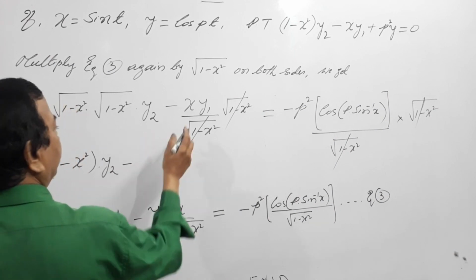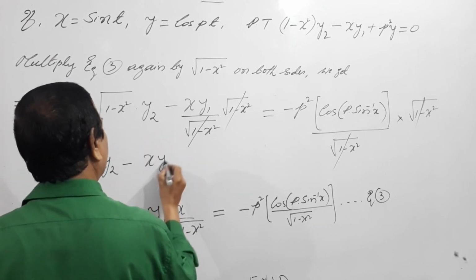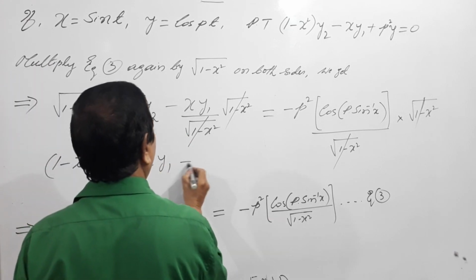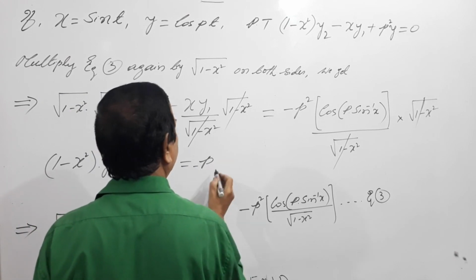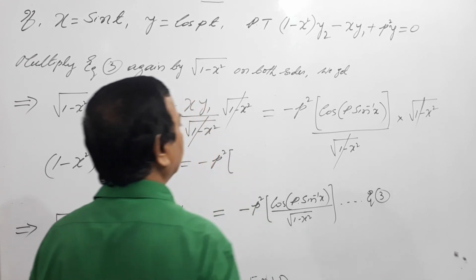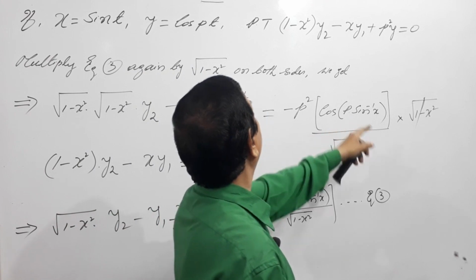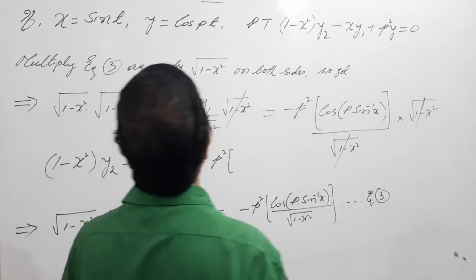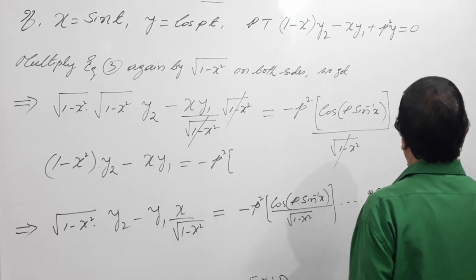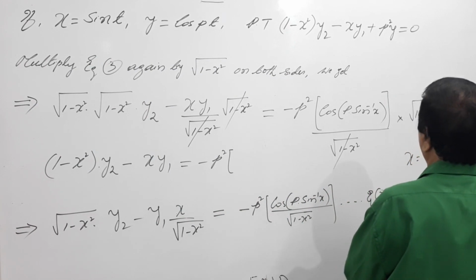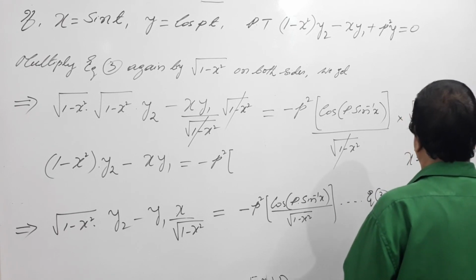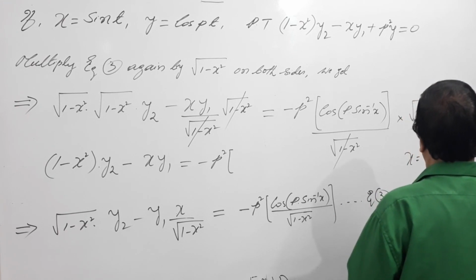So y2 minus x y1 equals minus p square into, what is this? Cos p thing. So we have written what? You know that x equals sin t, or t equals sin inverse x, but what?